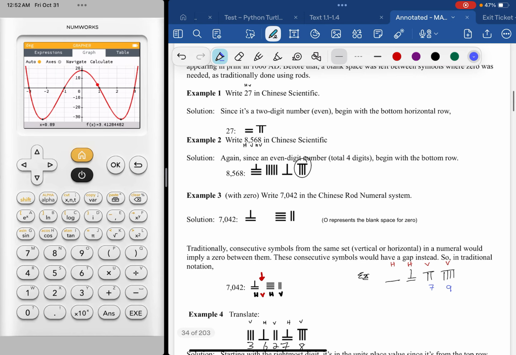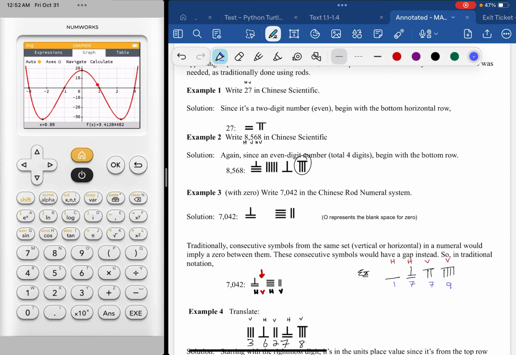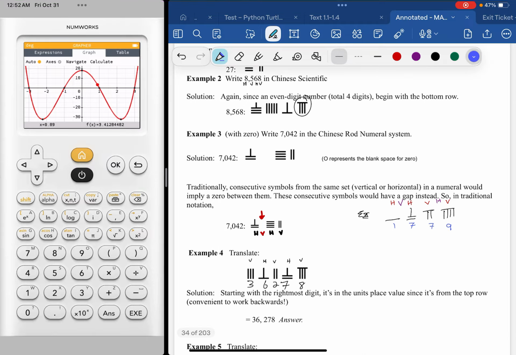This one is organized horizontally, but it's still a 7. And then the 1. But because there needs to be that alternating component, vertical, horizontal, vertical, horizontal, there must be a horizontal in here, and there must be a vertical here also. So in terms of my placeholders, I'm going to have the 9, 0, 7, 7, 0, 1.